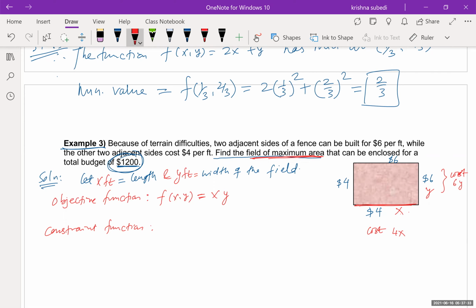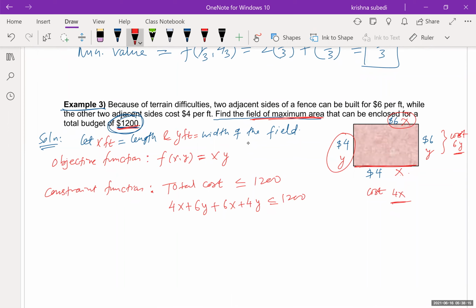So the constraint is that the total cost is less than or equal to $1,200. Total cost means 4x plus 6y plus 6x plus 4y, which is less than or equal to $1,200.